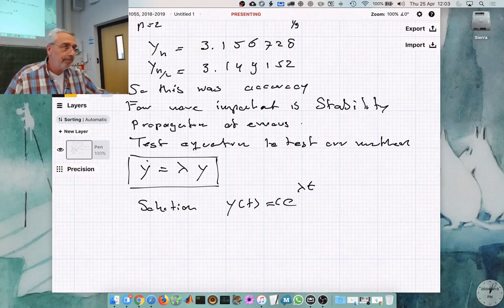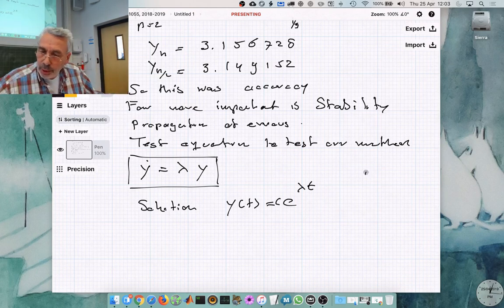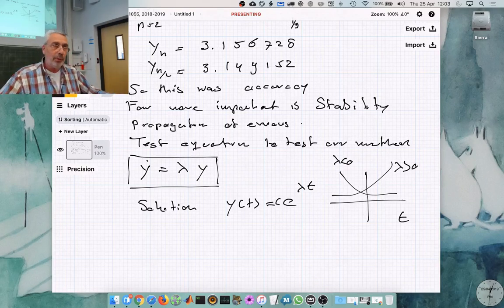This is a general solution. Now you would say, well, that is rather restrictive when we take as a test equation the exponential function, because then the only thing you can have is either it goes like this for lambda being negative, or it goes like this for lambda being positive. So we have either an exponentially growing function or an exponentially decaying function.